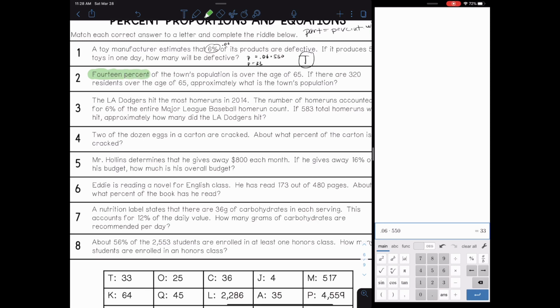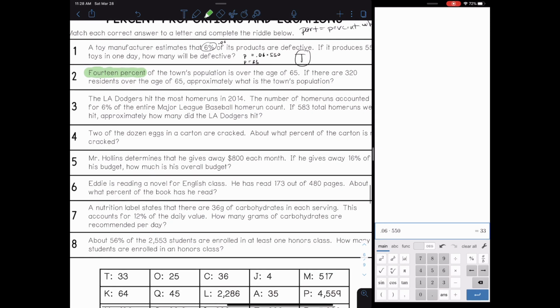Did they give us a part or a whole? Is 320 a part or a whole? This is going to be a part, because we're looking for how many people total are in the population.